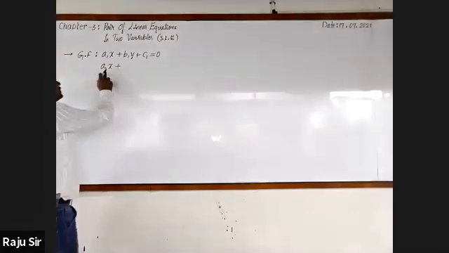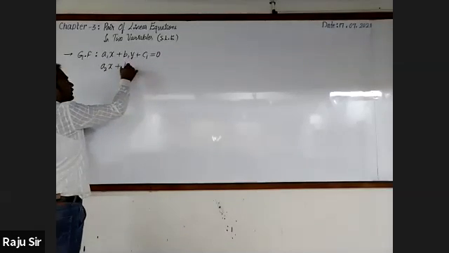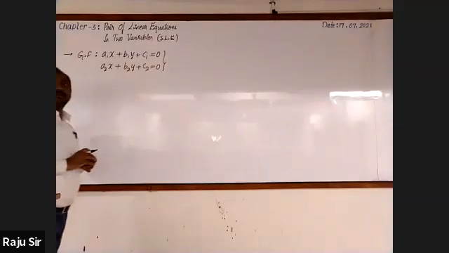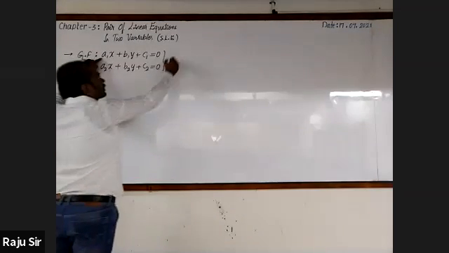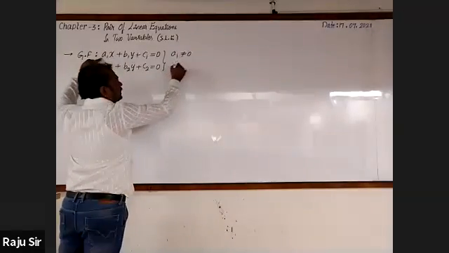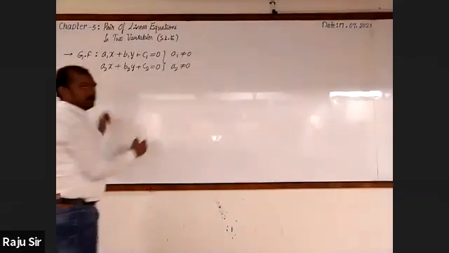Second equation is a2x plus b2y plus c2 equal to 0. We have a condition. The condition is here the coefficients a1 should not be equal to 0, a2 should not be equal to 0.